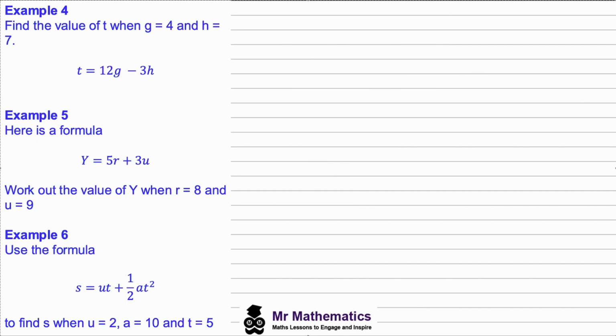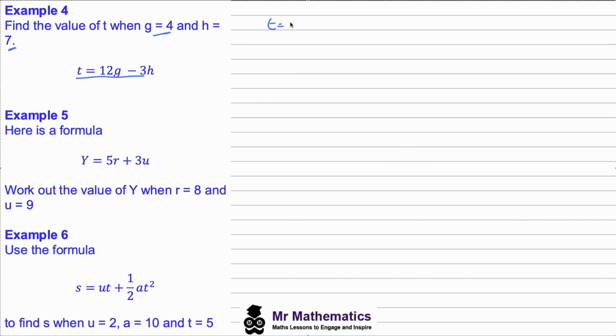Okay, so here we've got questions without a context, but the formula is a little bit more complicated. So in example 4, we're given that T is equal to 12G minus 3H. And remember that the 12G would be 12 times G, the 3H would be 3 times H. We're told that G is 4 and H is 7. So we'll substitute these values into here.